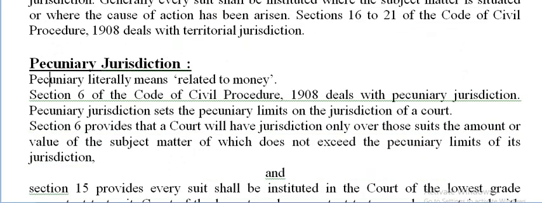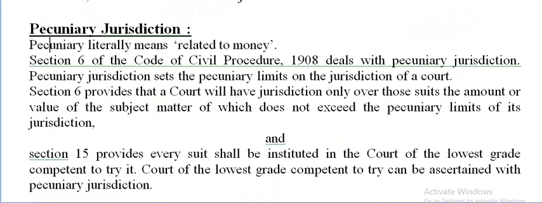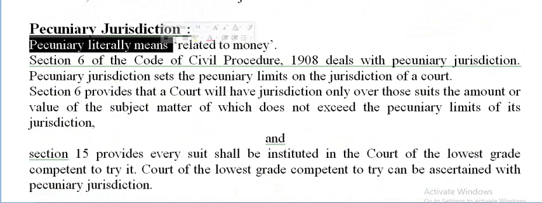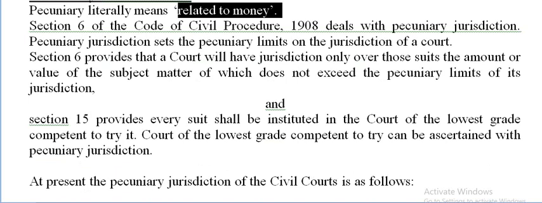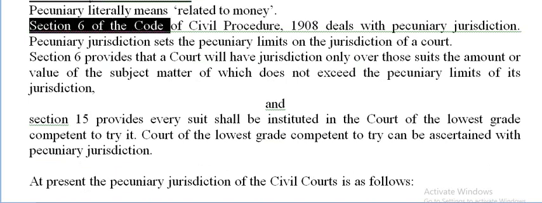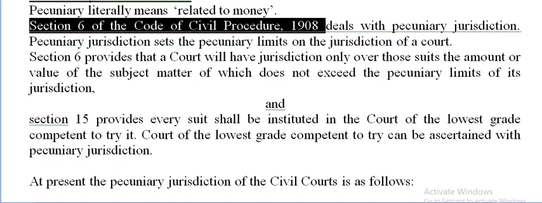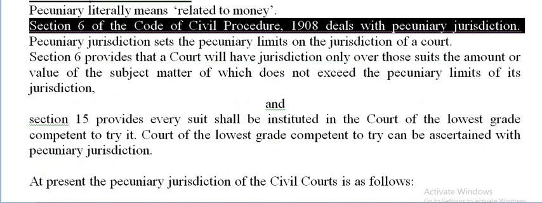Okay, next, now we are going to discuss pecuniary jurisdiction. It is very important to understand the jurisdiction of a civil suit. Pecuniary literally means related to money. Section 6 of the Code of Civil Procedure 1908 deals with pecuniary jurisdiction.